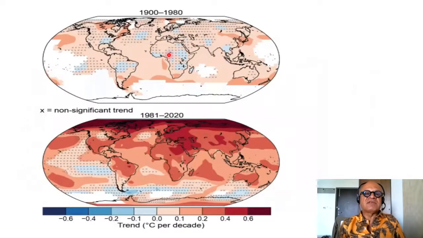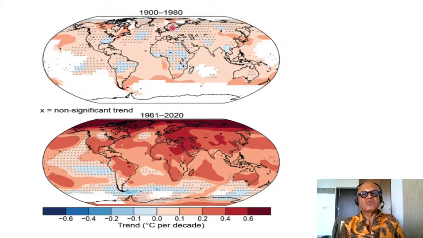So climate sensitivity has to keep that in mind, and also remember that climate sensitivity is for global mean temperature change for double CO2, whereas the distribution of temperature trends is very critical. So we are looking here at trends for 1900 to 1980. Wherever there are X's, the trends are not statistically significant.